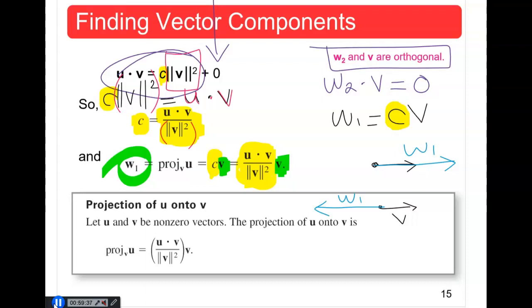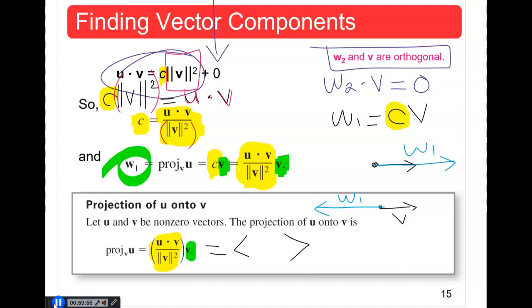And remember, this is a hard part, to find W sub 1 once you have found the scalar. Here's the scalar. And remember vector V, that was a given. So of course, when you multiply that, a scalar times a vector is actually going to give you a vector.